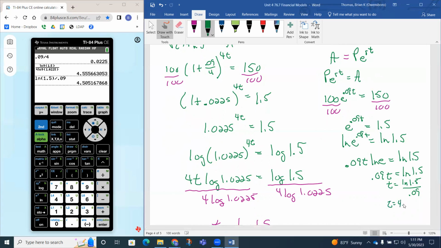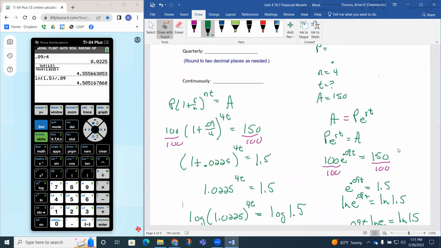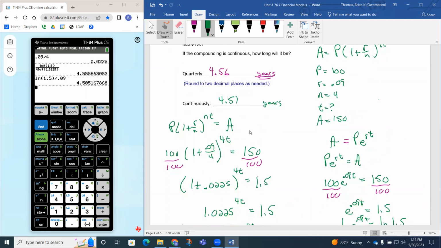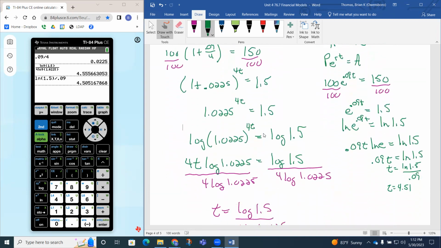So t equals 4.51. So by compounding continuously, it does take less time, just not by much. So that would just be 4.51 years. So compounding continuously should make it happen quicker, just not that much quicker.